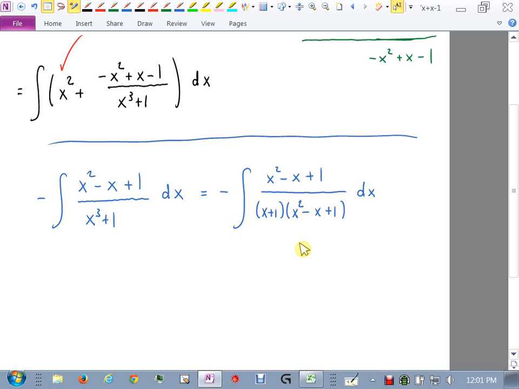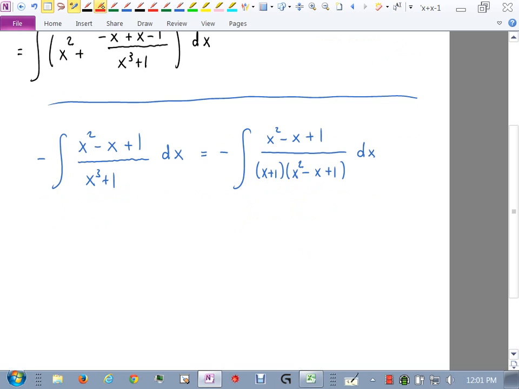So when those go away, it's just 1 over x plus 1, and the antiderivative is natural log. So we're kind of in good shape here, right? That was a total fail, me trying to pull a hard problem for you. So negative integral 1 over x plus 1 dx is negative natural log of x plus 1.